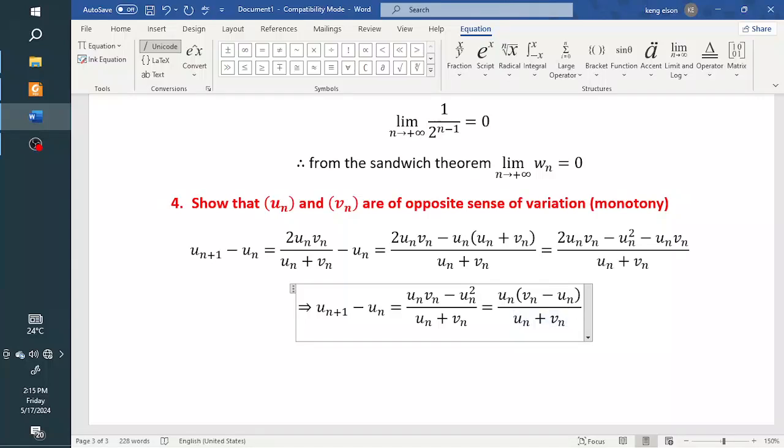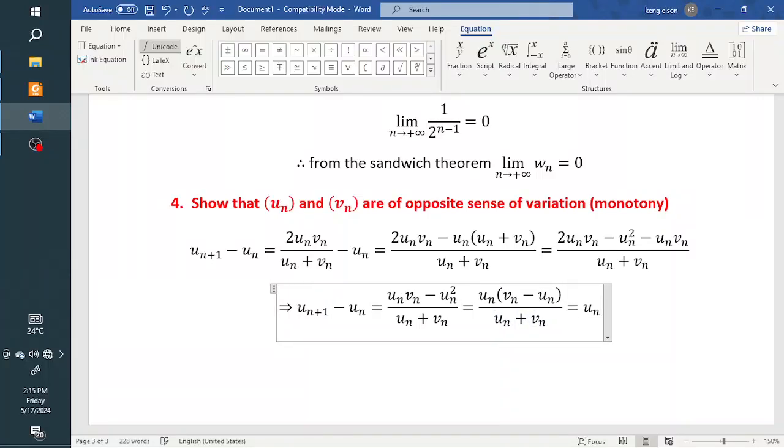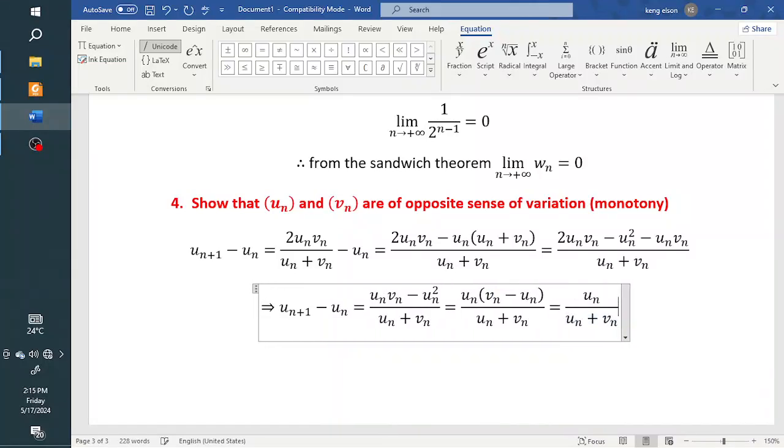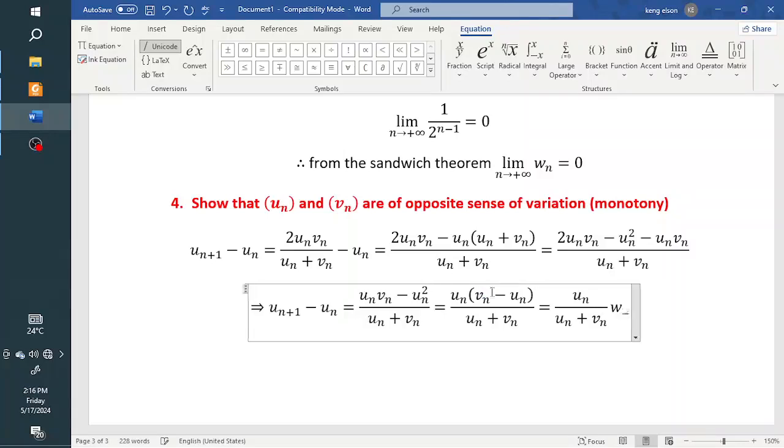Now I'm going to rewrite this as Un divided by Un plus Vn times Wn, because this here is Wn. Now let us check the sign. For the monotony, we are looking for the sign of this difference. If the sign is positive, then the sequence Un is increasing. If the sign is negative, then the sequence Un is decreasing.